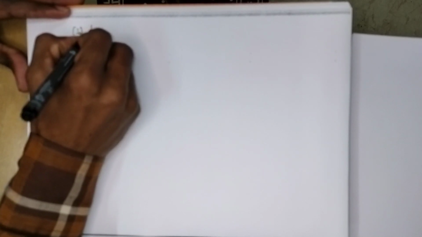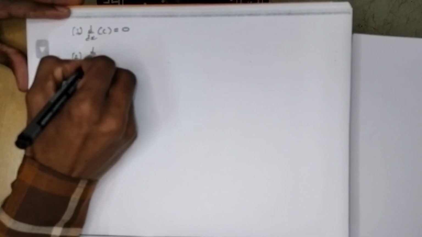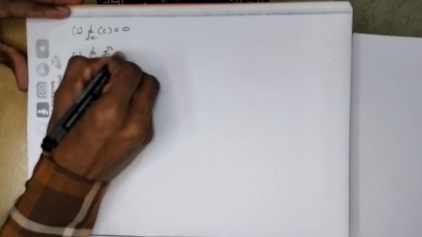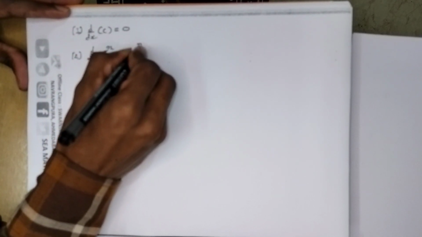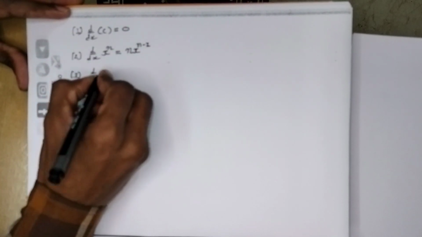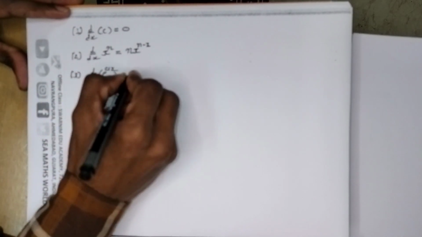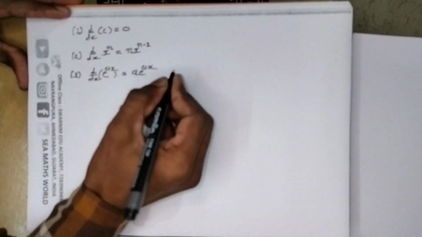First formula what we have studied, I will recall it. First one was differentiation of a constant term c with respect to x is 0. Second one was differentiation of x raised to n is equal to n x raised to n minus 1. Third one, differentiation of e raised to ax is equal to a into e raised to ax.